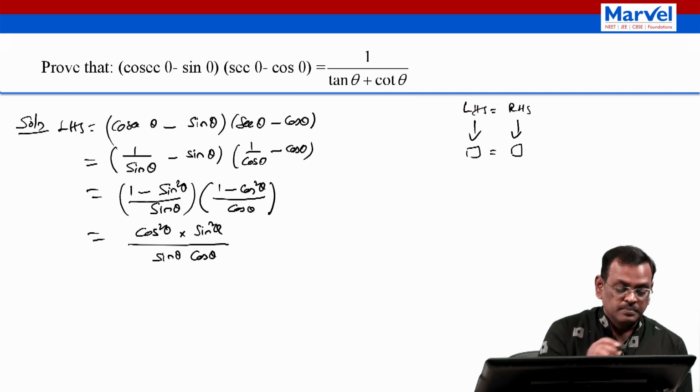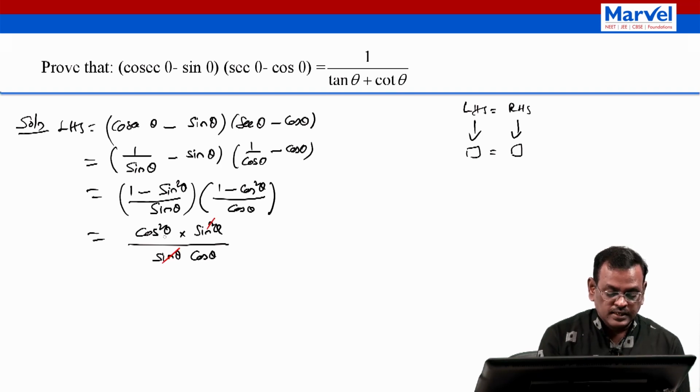Now to simplify this, sin square theta by sin theta, cos square theta by cos theta. The final answer is sin theta into cos theta.